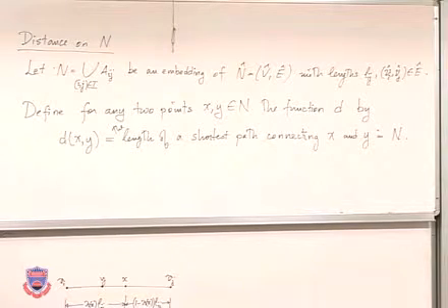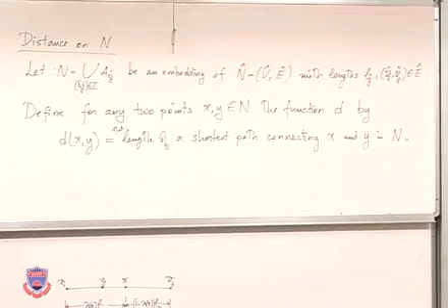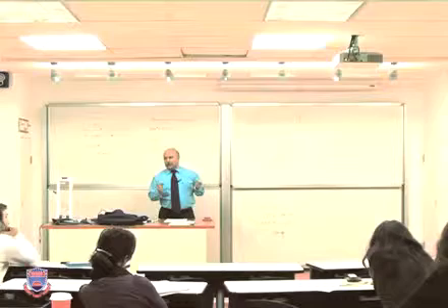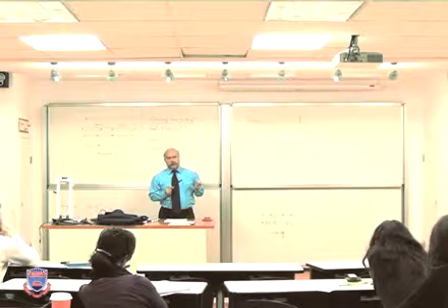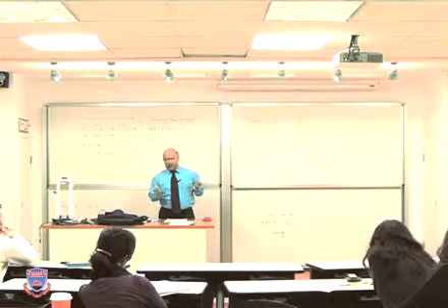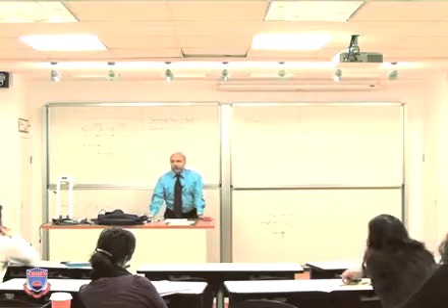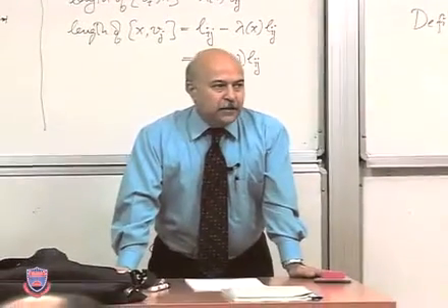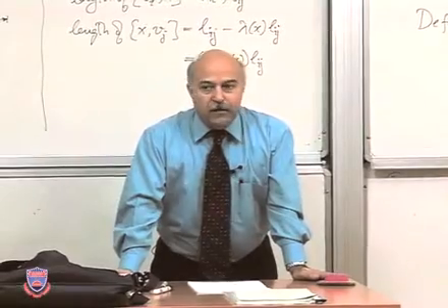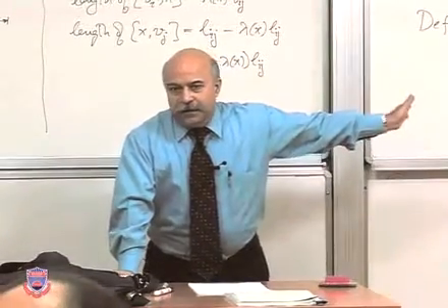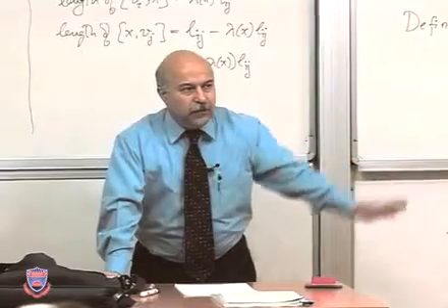Well, if it's connected, then there's at least one path connecting those two nodes. And of all these paths, the length of such a path is simply the sum of the edges included in the path. And of all these such paths, you just pick one which minimizes the length. There may be more than one shortest path between a given pair. Nevertheless, the shortest length is unique. Okay? So that's well defined for regular networks that need not be embedded.